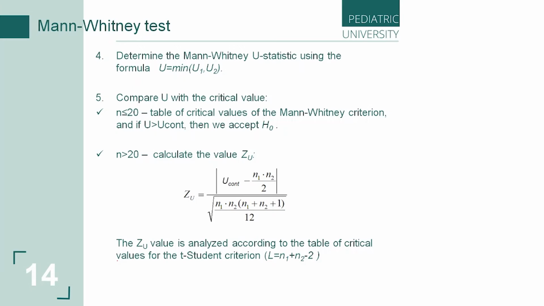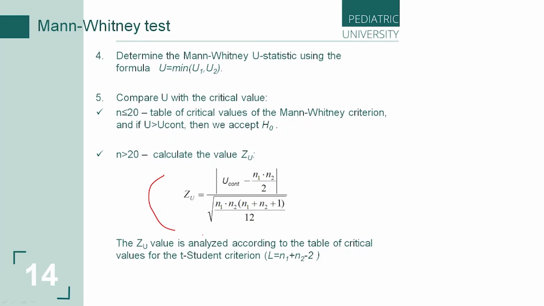But if the sample is large, we may have more than 20 elements, we calculate the control value Z according to the formula on the slide. Here you can see, U control is the smallest value from U1 and U2, and N1 and N2 are the sample volumes.